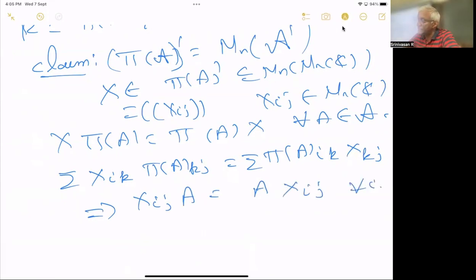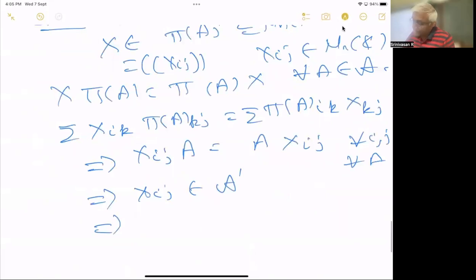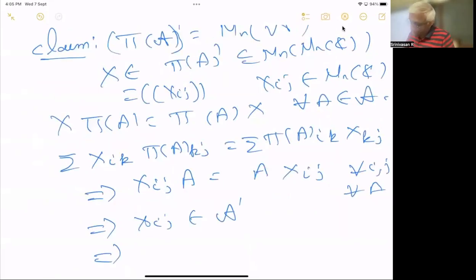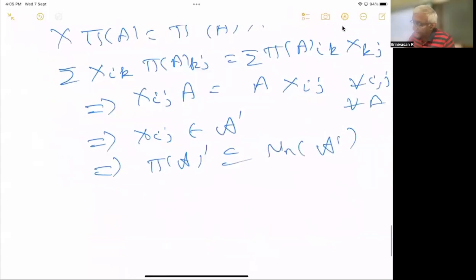Now this implies Xij is in A commutant, each Xij is in A commutant. Now you can reverse this. This implies that pi of A commutant is contained in Mn of A commutant. On the other hand, the other inclusion is clear. You just write the matrix, it will commute.